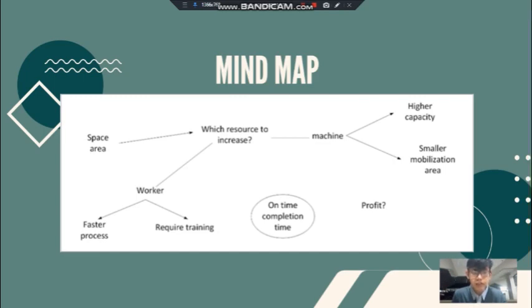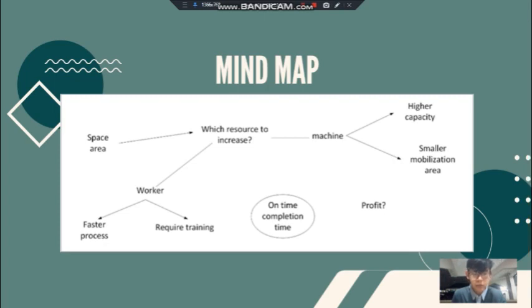By increasing the number of workers, the consequence is that it can make the process faster. However, it requires training. For both decisions, the constraint is the limited space available.